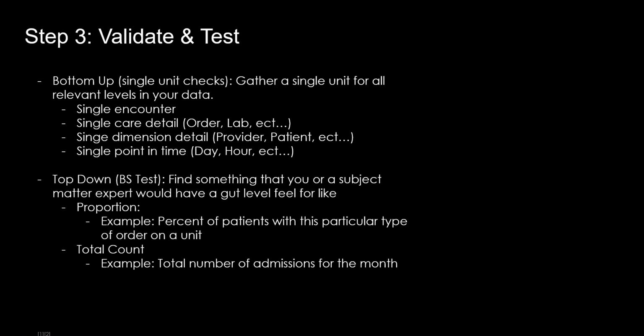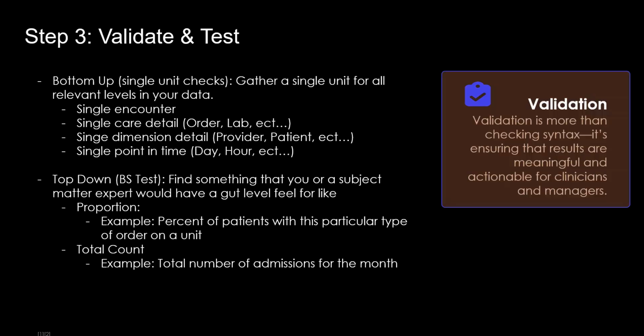This is the basic idea. Or a top-down, kind of a bullshit test, right? Find something that you understand about this subject, or look for a subject matter expert to get a gut check, okay? This is the how many per day, or what percent of the total, to just see, are we in the range? Does this seem reasonable? Those 2 directions attack it from different angles, help force different questions, and help you do a good job of this.